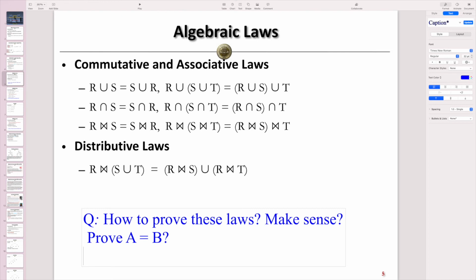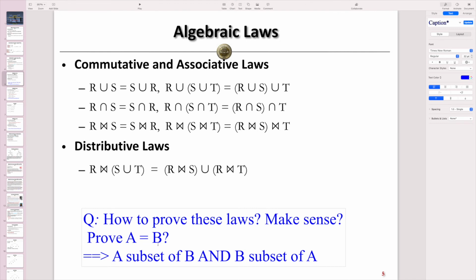What we need to do is show first that A is a subset of B, and this subset also contains equality, right? And that B is a subset of A. If we can show that A is a subset of B and at the same time B is also a subset of A, then we can show A equals B, right?